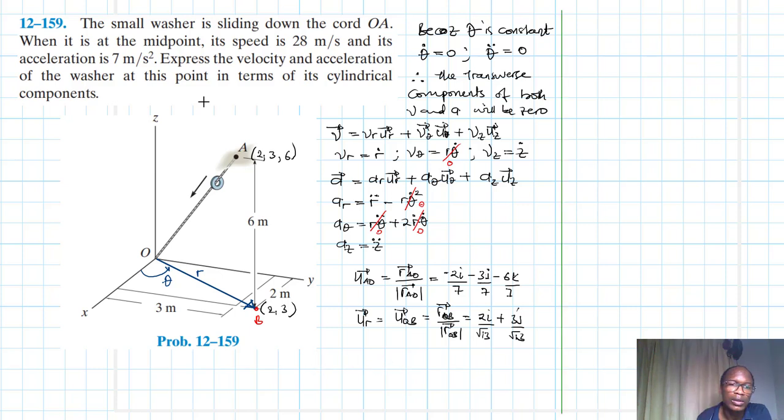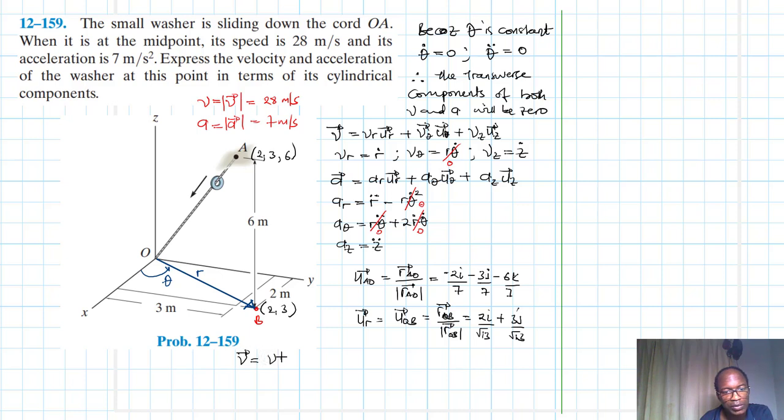Now the velocity vector as well as acceleration vector, but before we do so, let's write down the magnitudes: our v is equal to 28 meters per second, and our a is equal to 7 meters per second squared.